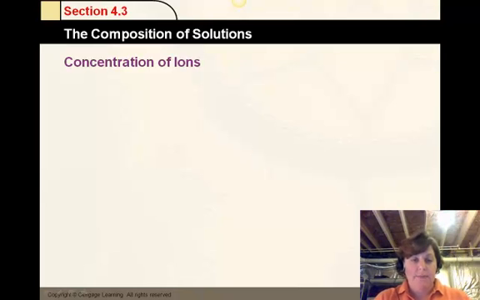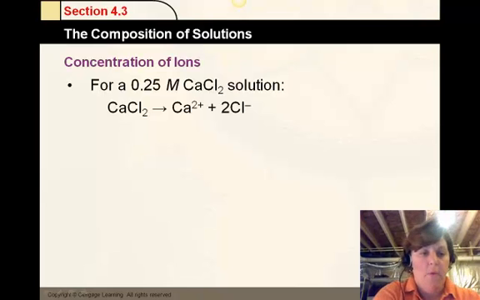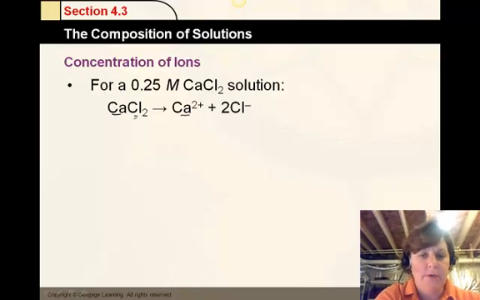Now, something interesting about solutions, we can talk about the concentration of the ions, not just the concentration of the dissolved salt, for example. So for a 0.25 molar calcium chloride solution, you notice how calcium chloride breaks up in this fashion. We have 1 calcium with a +2 charge, but we have 2 chlorines.